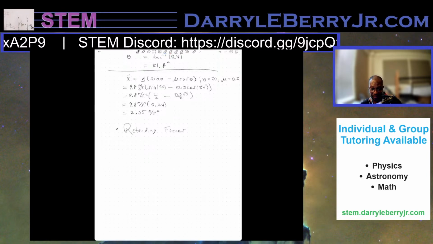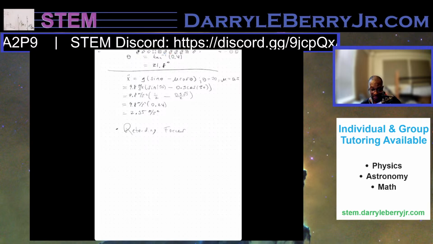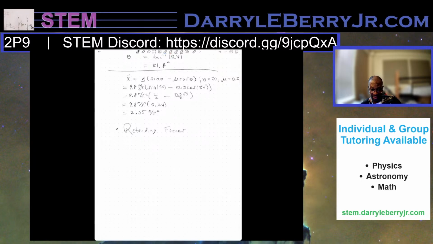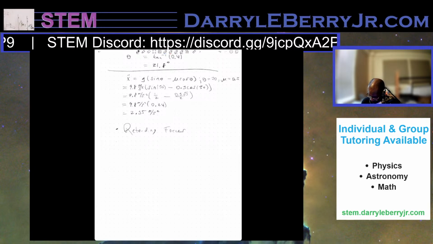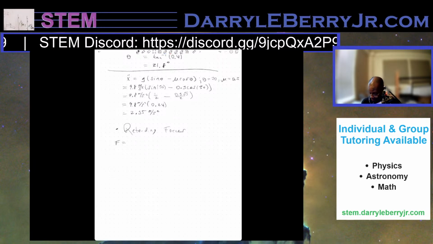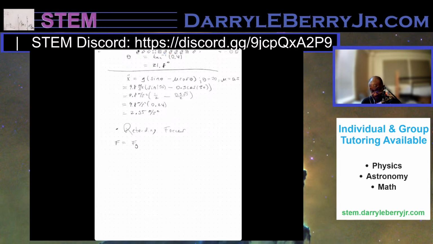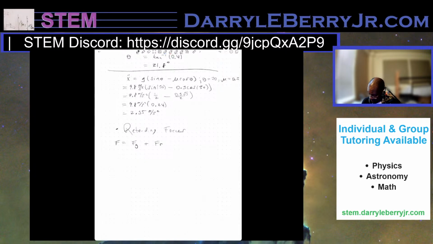And if in addition a retarding force Fr exists, that is some function of the instantaneous speed, then the total force is F equals Fg plus Fr.